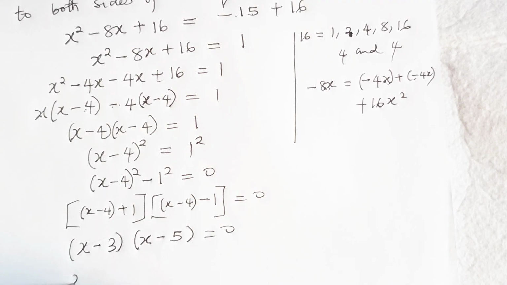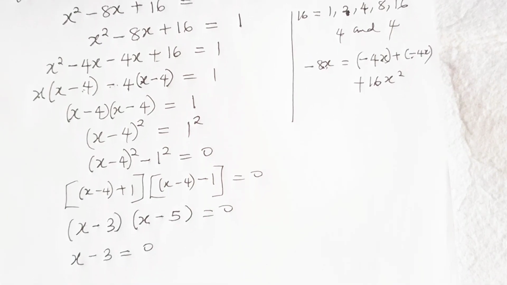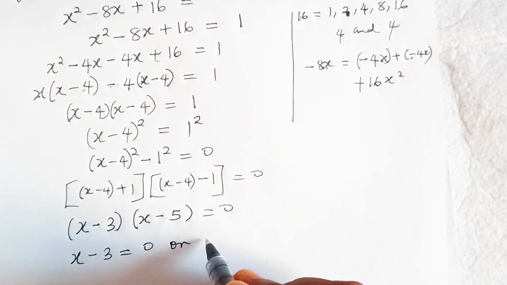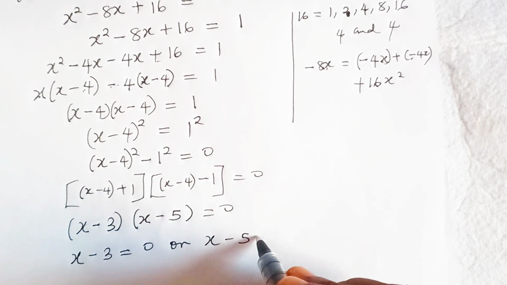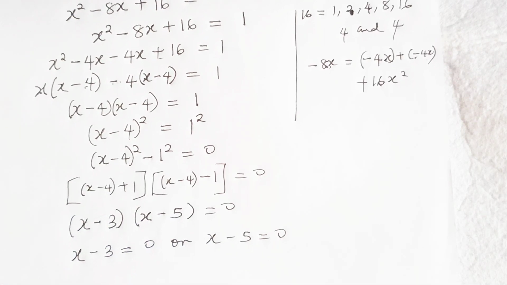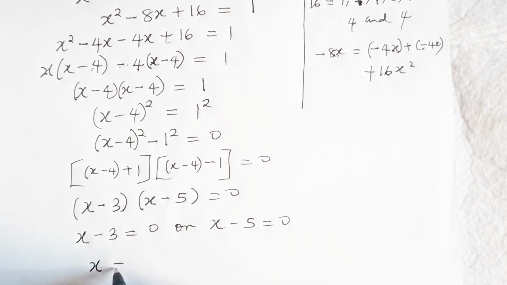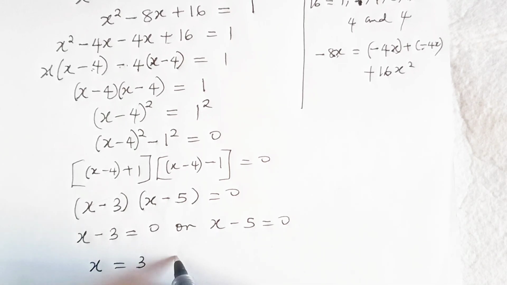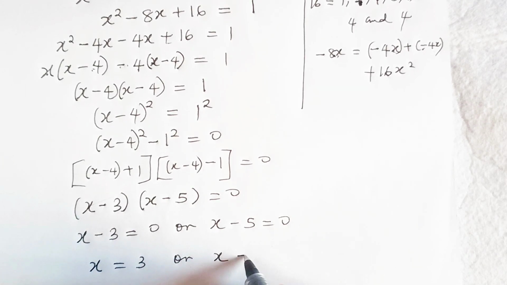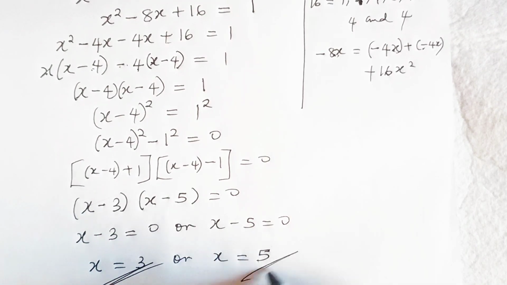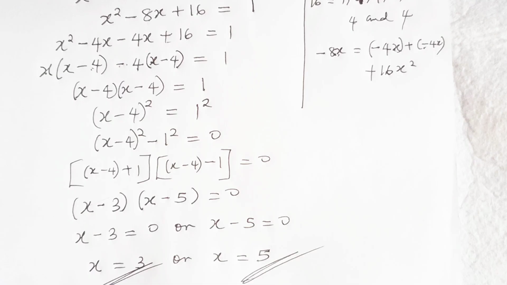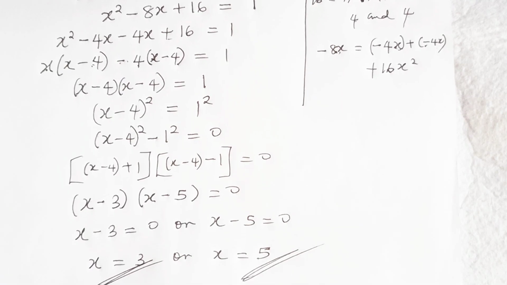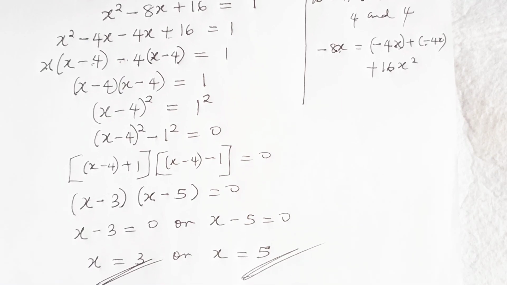So x minus 3 is equal to 0, or x minus 5 is equal to 0. So this implies that x is equal to 3 or x is equal to 5. So these are the results which we call the roots of the quadratic equation.